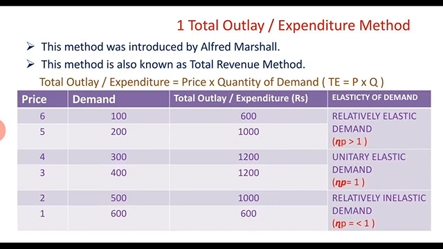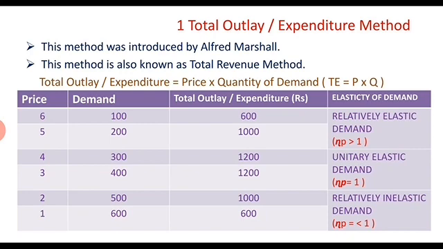If we observe the table, at the price of a commodity 6 rupees, demand is 100, so total outlay or total expenditure is equal to 600. Price decreases from 6 rupees to 5 rupees, demand increases from 100 to 200, so total outlay or total expenditure is 1000 rupees.